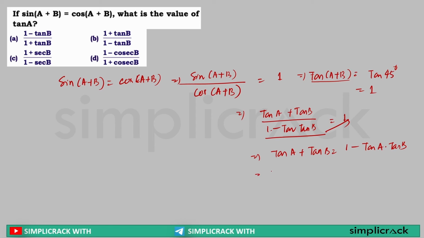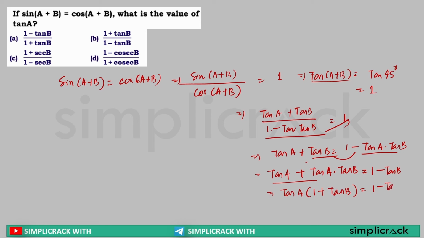Here I will take tan A into tan B to this side: tan A plus tan A into tan B is equal to 1 minus tan B. Or I can write, if I take tan A common, tan A into (1 plus tan B) is equal to 1 minus tan B. Or I can write tan A is equal to (1 minus tan B) divided by (1 plus tan B). Answer option A. Simple simplification.